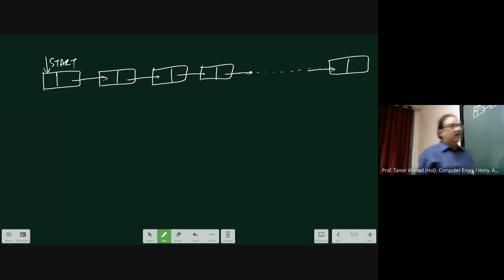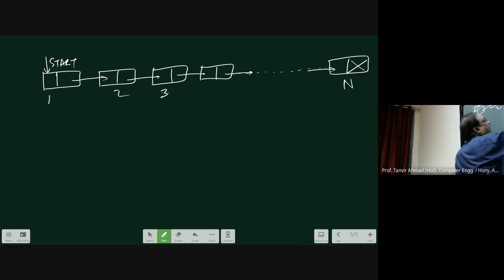Here we have n number of nodes, starting from 1, 2, 3, 4, up to n nodes.